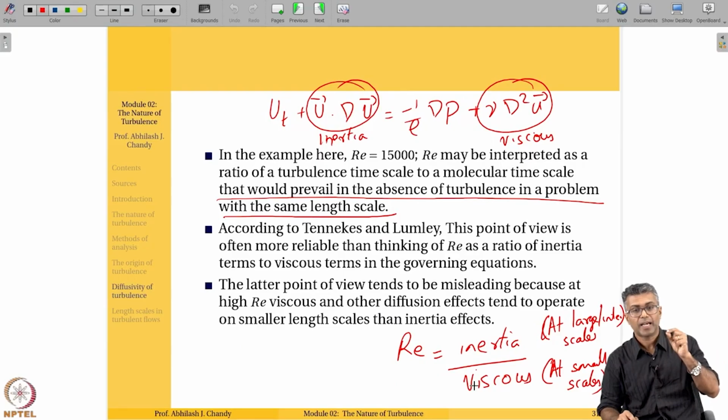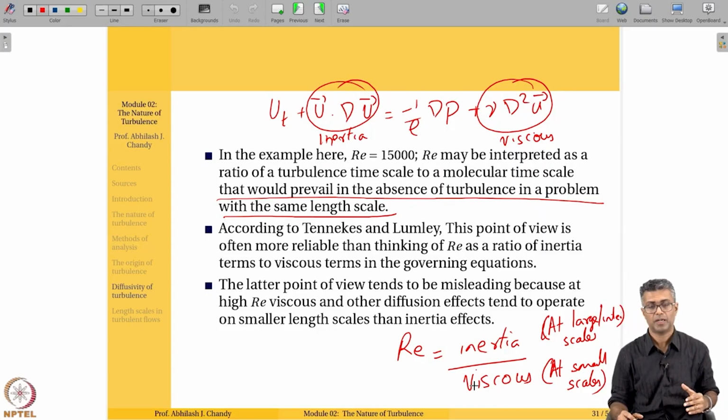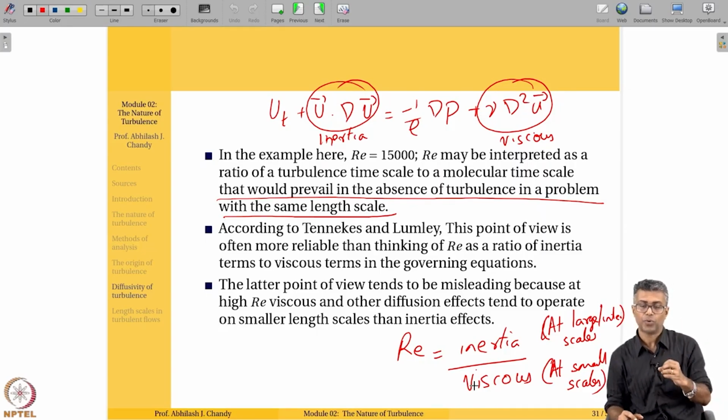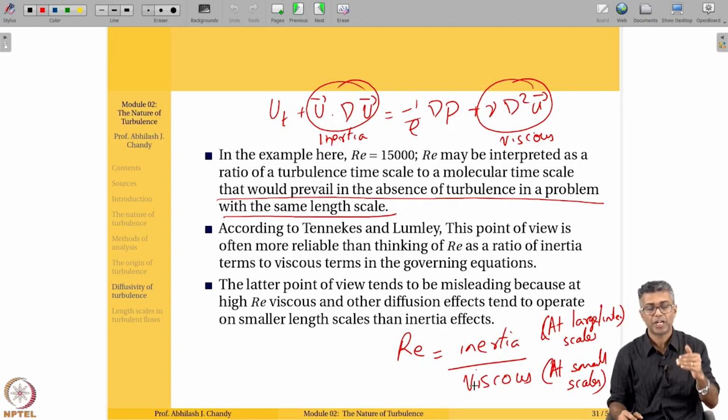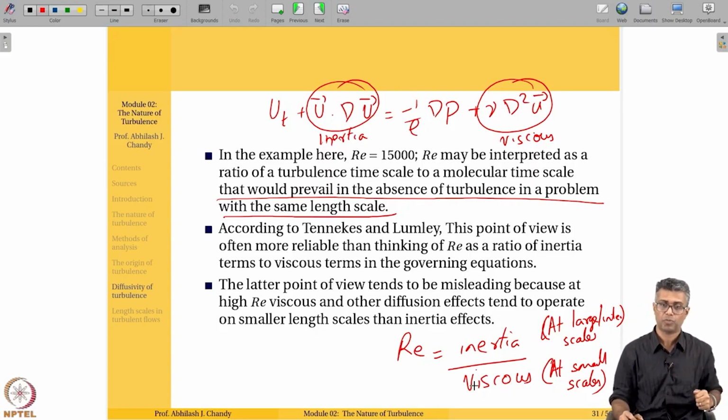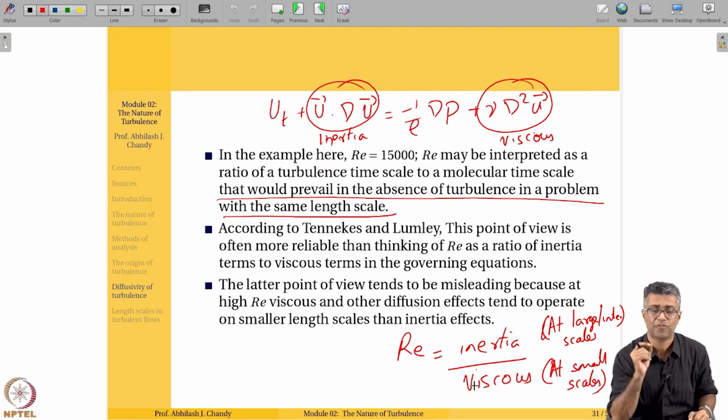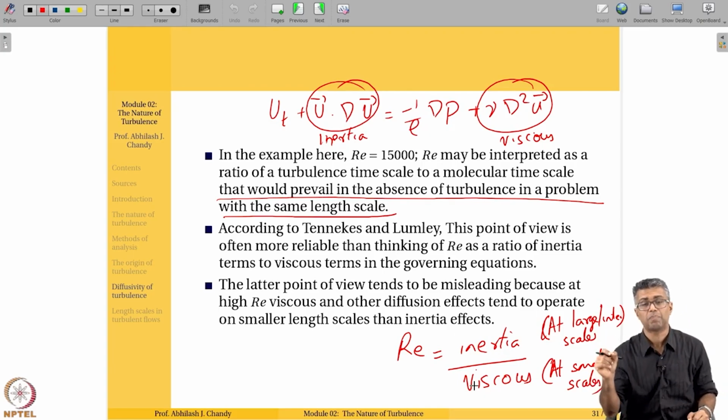And this brought about a very interesting observation, especially as presented in Jennings and Lumley's book, where they argued that it is better to consider Reynolds number as a ratio of the turbulent timescale to the molecular timescale, rather than the ratio of inertia to the viscous terms. This has to do with the role that viscosity plays in dissipation.